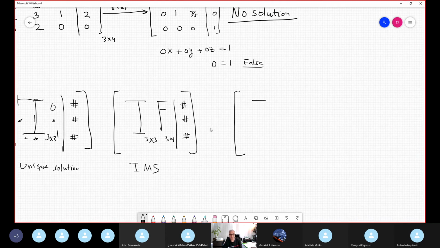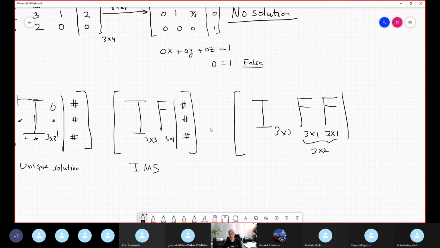In which you have, for example, the identity matrix 3 by 3 or 4 by 4, and we have 2 extra columns. This is 3 by 1, and this is another 3 by 1; together this is 3 by 2, and then the right-hand side. In this case, you have 2 free variables.